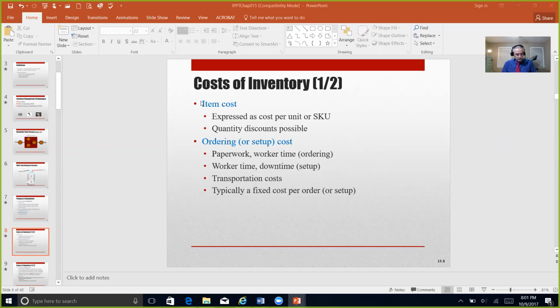The next one deals with ordering or setup cost, and this is the cost that's incurred when you order a lot or a batch of items, and generally that does not depend on the size that's going to be ordered. It is typically assigned to the entire batch. So a good example here would be, let's say that the ordering and setup cost are synonymous with each other, that regardless of the setup, it's going to cost me the same whether I'm making a batch of 10,000 watches or a batch of 1,000,000 watches.